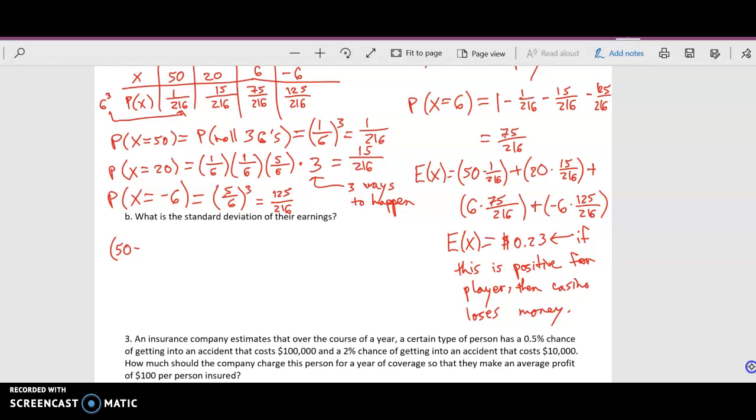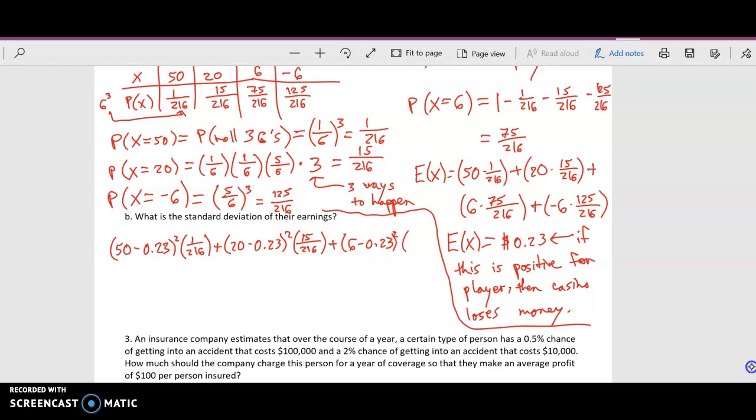That's 50 minus this expected value, 0.23, squared, times the probability of getting a 50, plus 20 minus 0.23 squared times the probability of getting a 20, plus 6 minus 0.23 squared times its probability, which is 75 over 216, plus negative 6 minus 0.23 squared times its probability, 125 over 216.